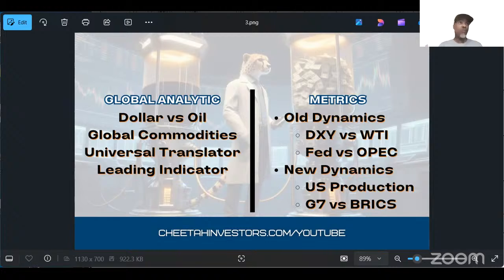Since we know that, we can trace anything that happens in the stock market back to the dollar, back to oil. The oil is the first domino, the dollar is the second domino, and then everything else falls after.